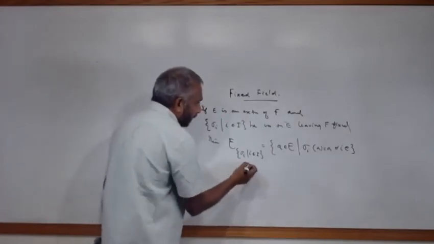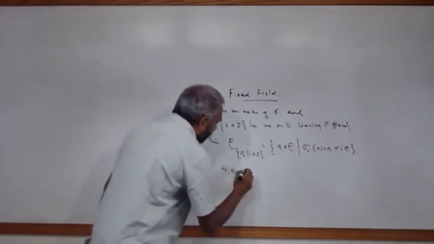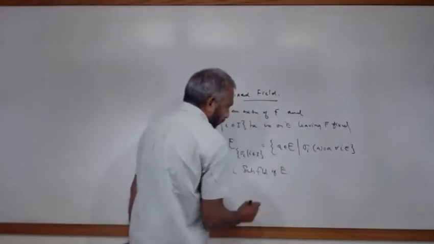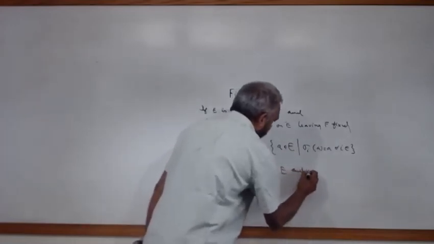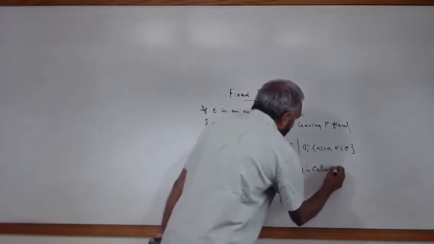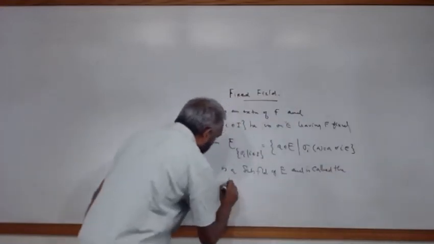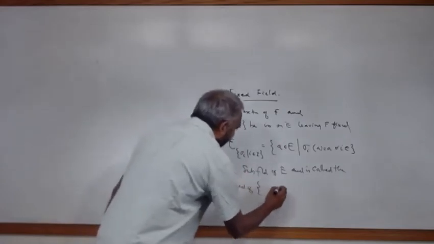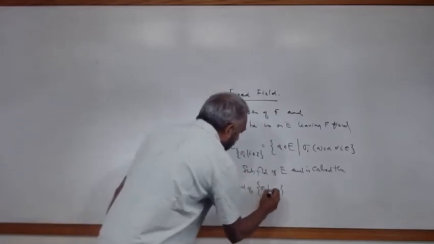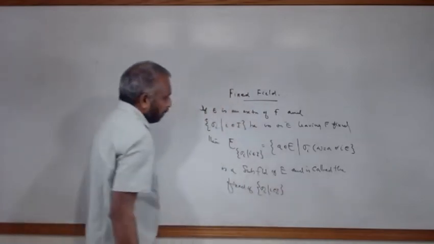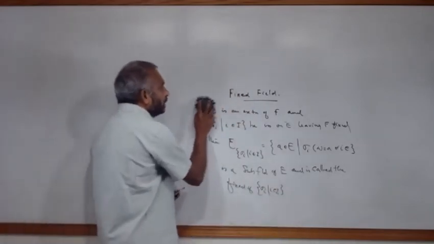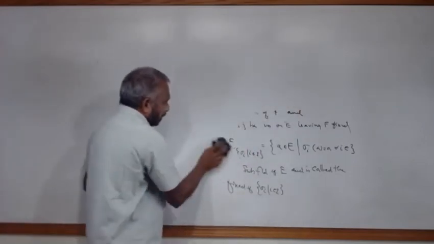Then this is a subfield of E and is called the fixed field of the collection of isomorphisms. We are going to use this in the theorem.